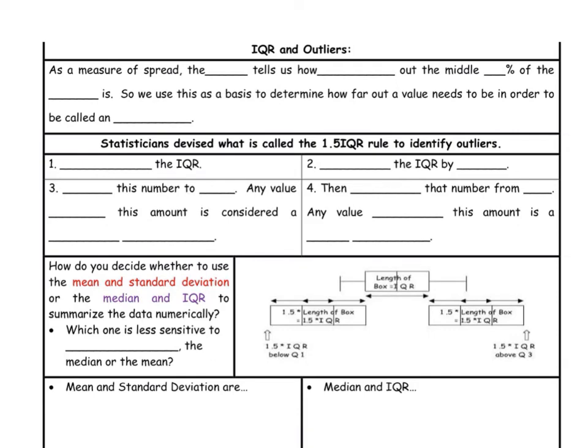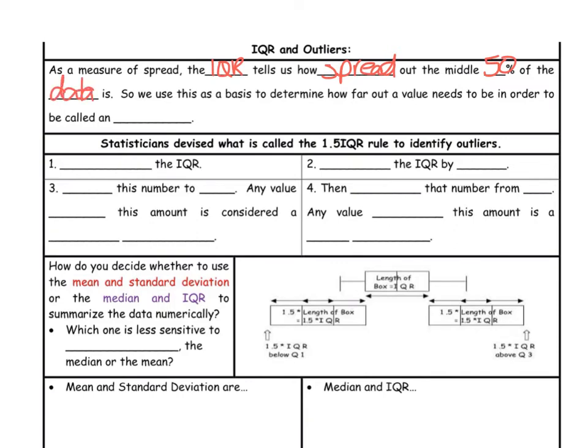And as a measure of spread, we have used the IQR. That tells us how spread out the middle 50% of the data is.